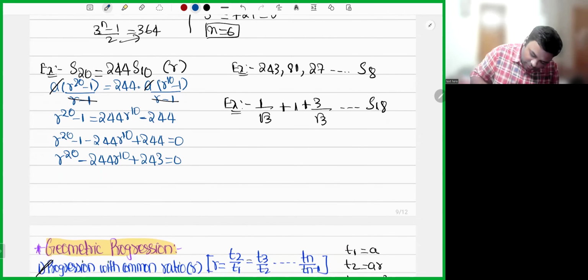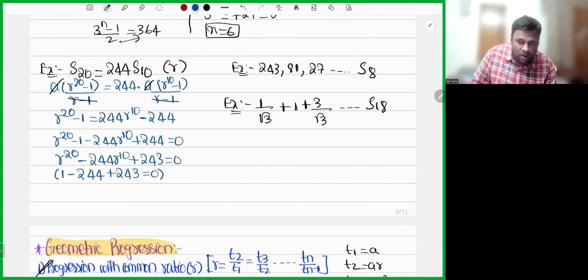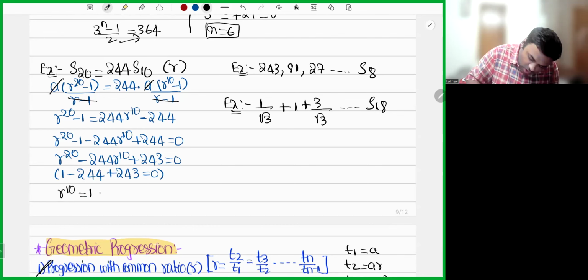Coefficient of r power 20 is 1, coefficient of r power 10 is 244, constant is 243. a plus b plus c is equal to 0. If a plus b plus c is equal to 0, what we have learned: either x will be equal to 1 or x will be equal to c by a.